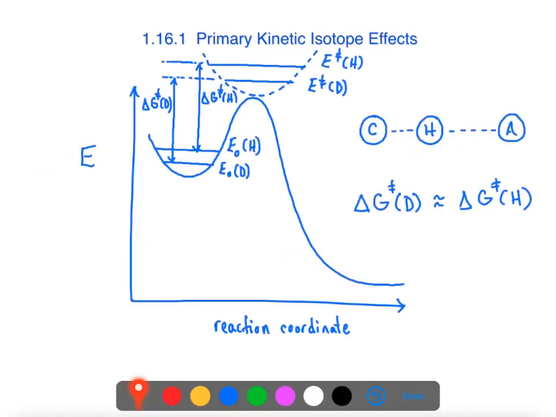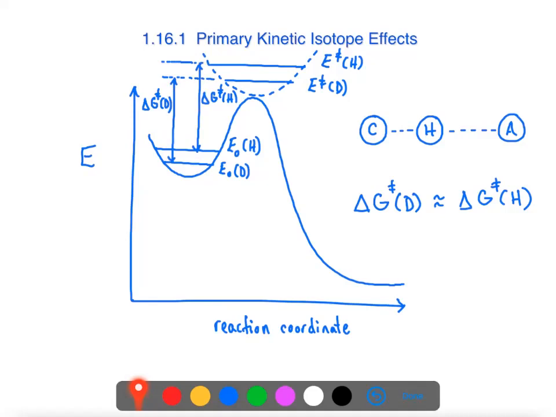So in the exothermic reaction, the transition state will occur early. And this means that the CH and CD bonds, because they're just starting to break, will be very similar to that of the reactants from which they came. And so when we compare the energy difference between the 0-point energy for the CD bond to that of the energy of the transition state for that same CD bond, this difference is almost equivalent to the difference for the CH bond.